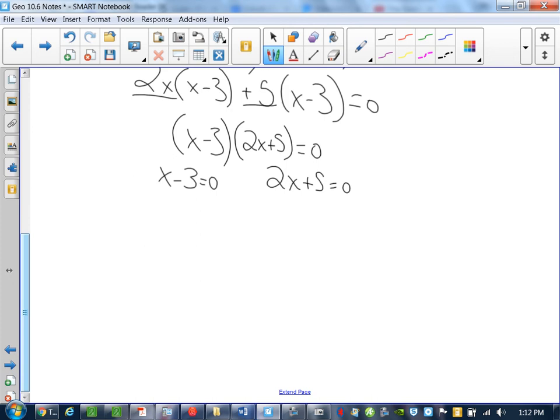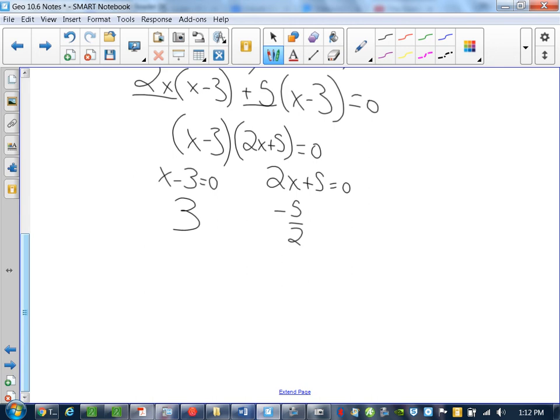First one's easy, just add the 3, what do you get? 3. The other one you would subtract 5 and then divide by 2, so you have negative 5 over 2. That gives you the two what are called zeros of the graph or of the equation.